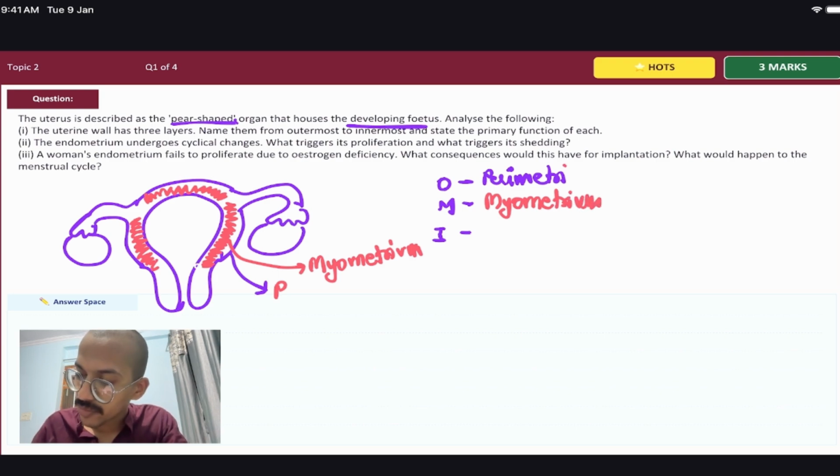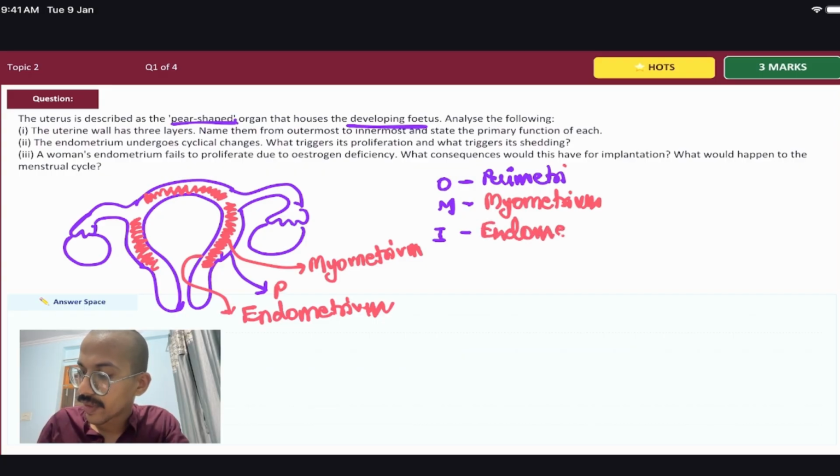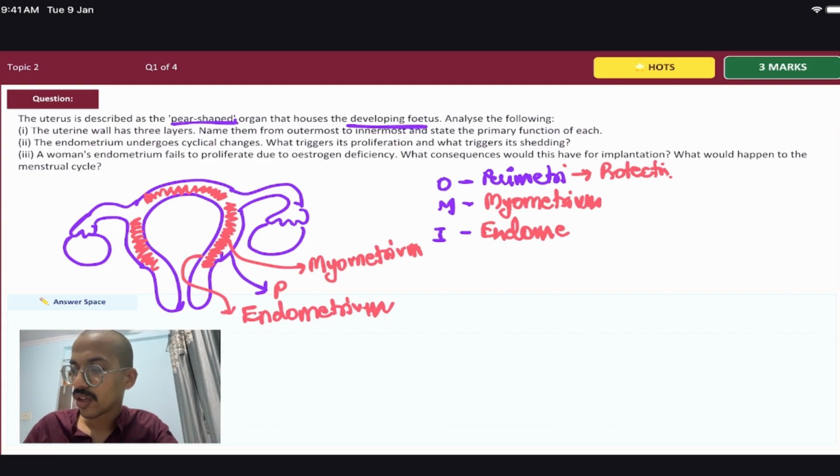And the last one layer, innermost layer, is known as endometrium. So you're going to be writing it up as the endometrium. And state its function. Perimetrium do what? It forms the protective outer lining of the organ.